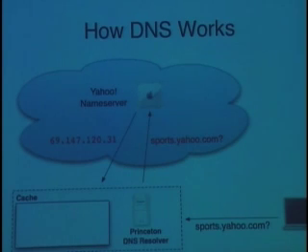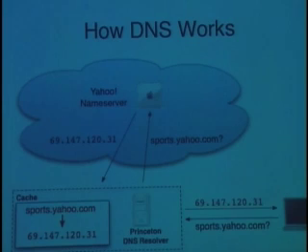I'm going to gloss over some of the DNS details here, but it's going to eventually locate the name server for Yahoo and get the authoritative answer for sports.yahoo.com and return it back to the resolver. The resolver will then remember this mapping between host name and IP address for some length of time, and eventually it's going to forget about it. But before it forgets about it, it returns the answer back to the user.